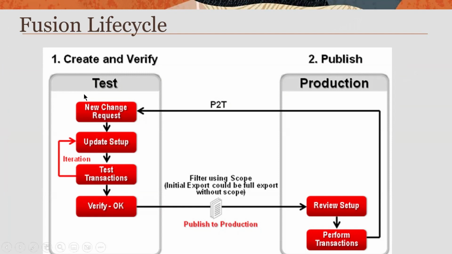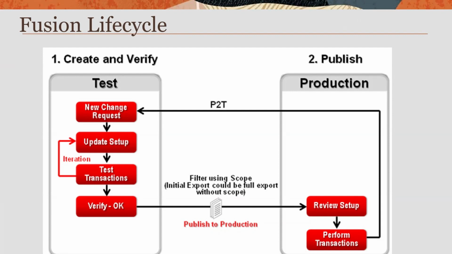Then we will test. If it fails, or if there is any change, again we'll update the setup. Then we will verify that change, then we will review. We need to move that setup to production. Then we will publish into production.